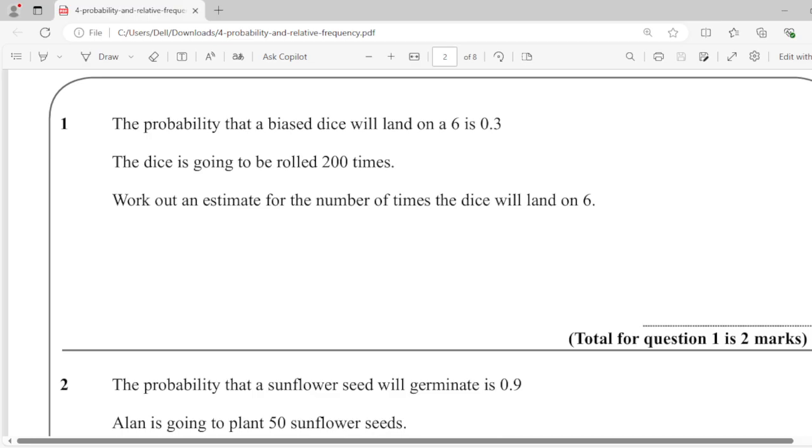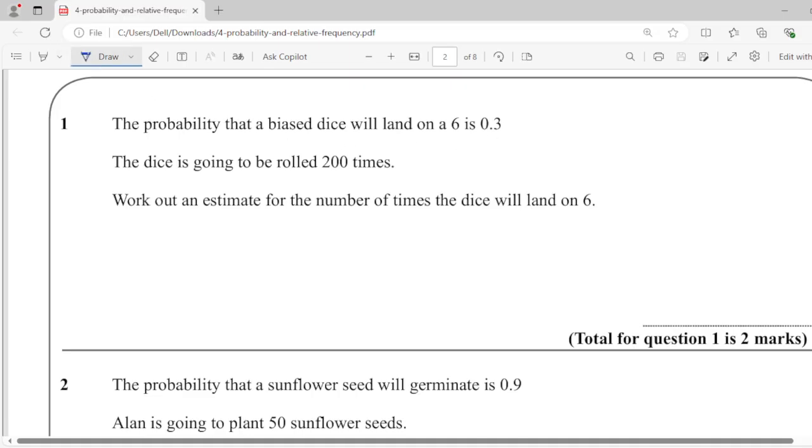Question 1. The probability that a biased dice will land on a 6 is 0.3. The dice is going to be rolled 200 times. Work out an estimate for the number of times the dice will land on 6.